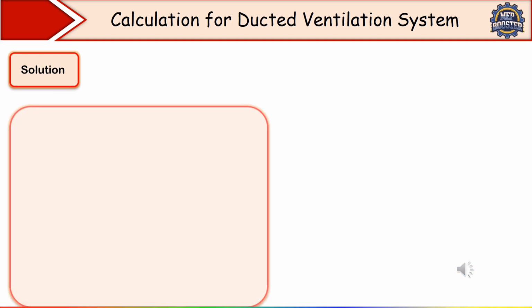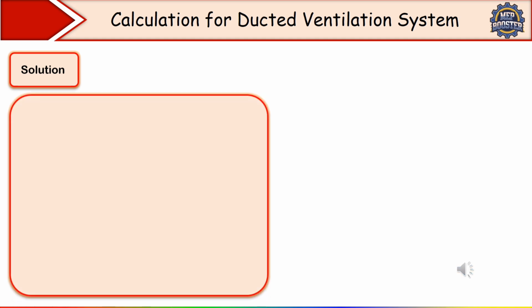Now suppose you are doing the duct sizing for a square duct, if your duct shape is square, how can you calculate the size of that duct? Simple. Here you can see we have one image, and in that image I have taken a square duct. The length of that duct I have taken as capital L, and the side of that duct is what?